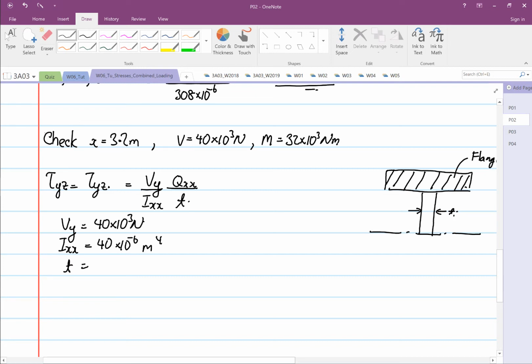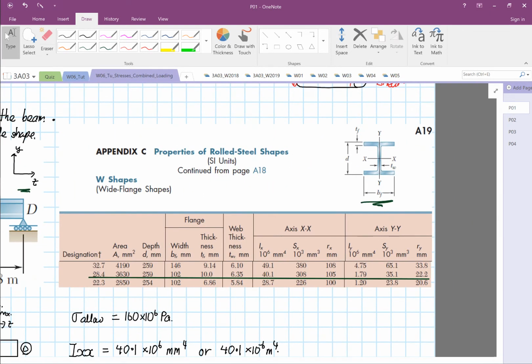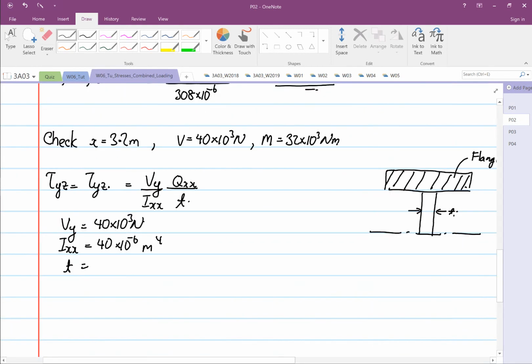For the thickness, we're going to look for the thickness of the web. So the thickness is 6.35 millimeters, so 6.35 times 10 to the power minus 3 meters.